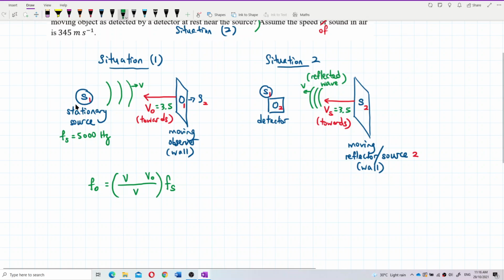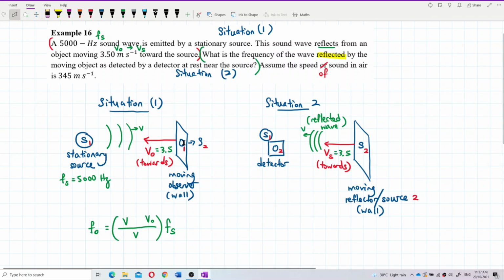So what is the frequency heard by the moving observer? The source has the actual original source frequency. You are moving towards the incoming sound wave, so of course you hear a higher observed frequency.